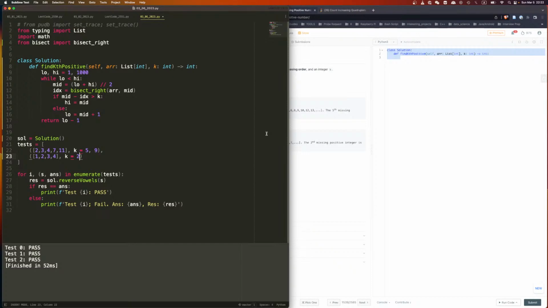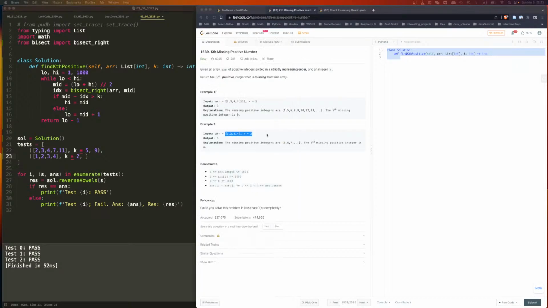If it's good, then low will be going up. If it's not good, too big, we stay here, we move down. Yeah, I think that should be right.